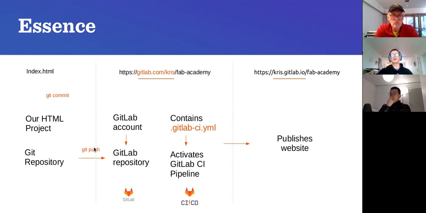Once we are ready to deploy, we can run git push, and it's going to transfer all the changes to the GitLab repository on the GitLab server. In order to have a GitLab repository on the GitLab server, you need to have a GitLab account. So the task for today is going to be for you to create a GitLab account.